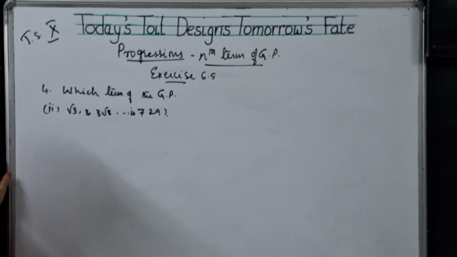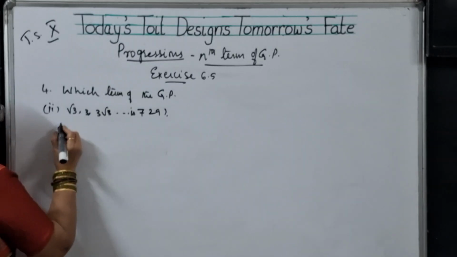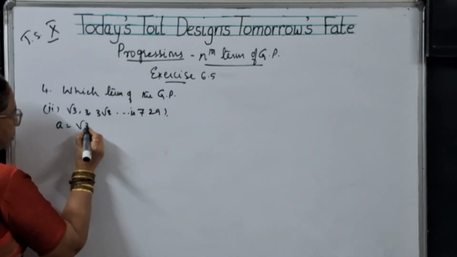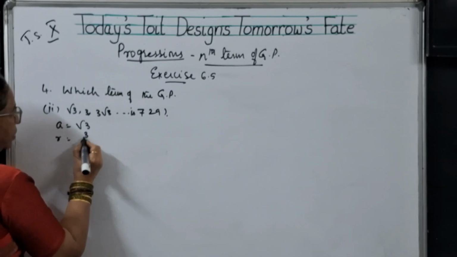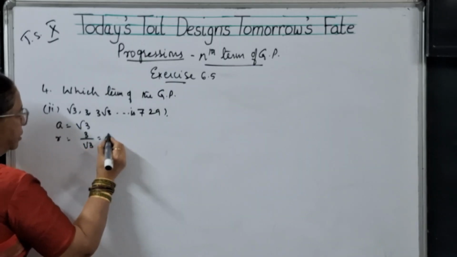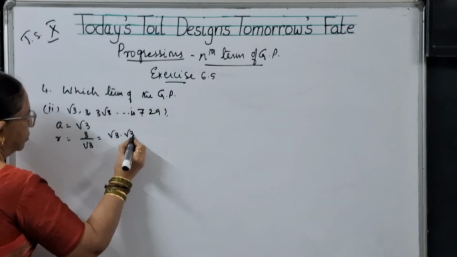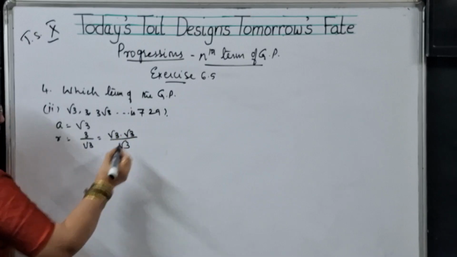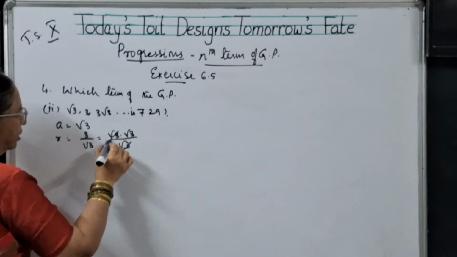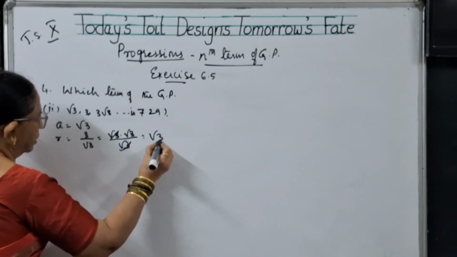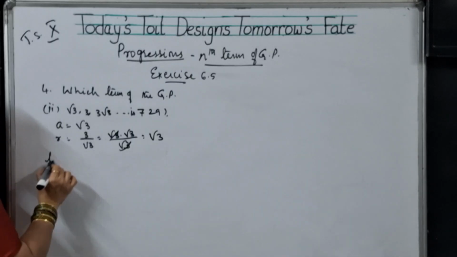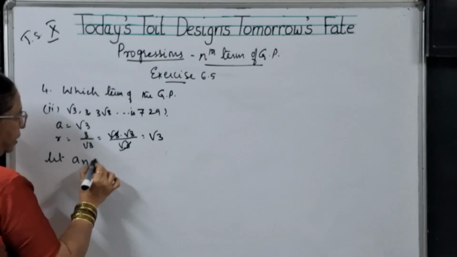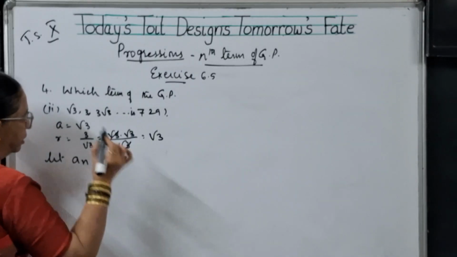So the next bit, children: root 3, 3, 3 root 3, and so on is 729. Here A is root 3, R is 3 by root 3. That means 3 can be converted as root 3 into root 3, divided by root 3. These two will get cancelled. So root 3 is R. So let us suppose that AN is 729.